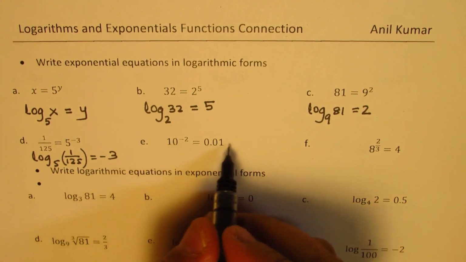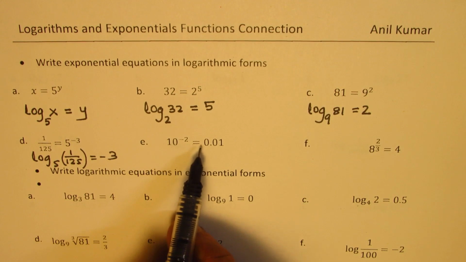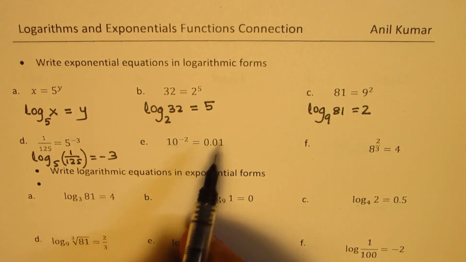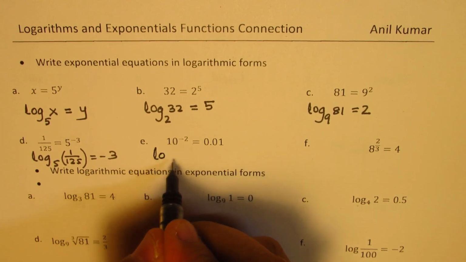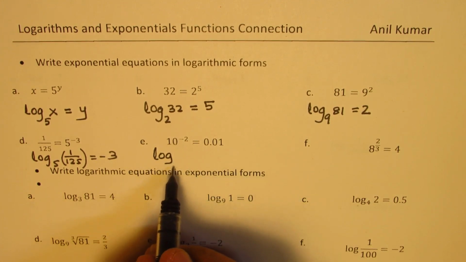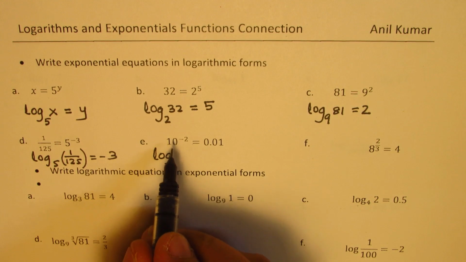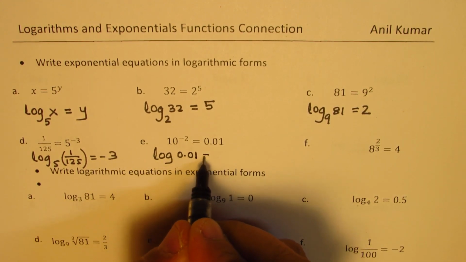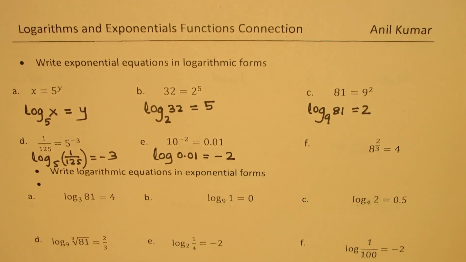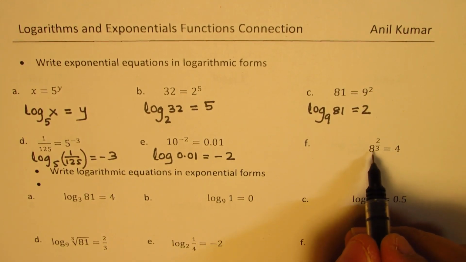Here we now have base 10. Whenever you have base 10, you don't really have to write 10. Even if you write log with no base, it means 10 by default. So log of 0.01 is minus 2. Is that clear to you? In this equation, the base is 8.